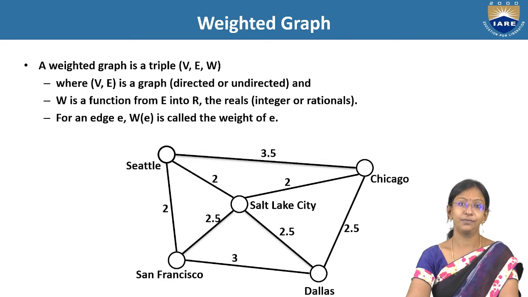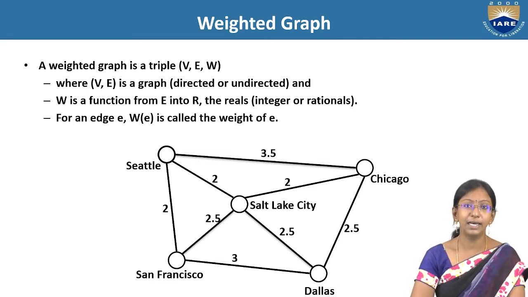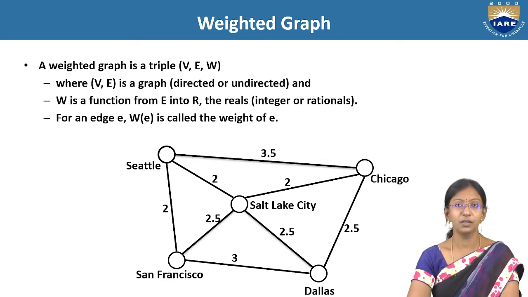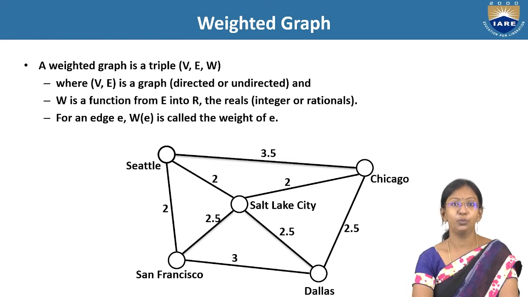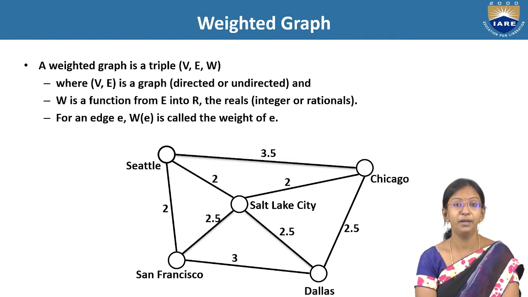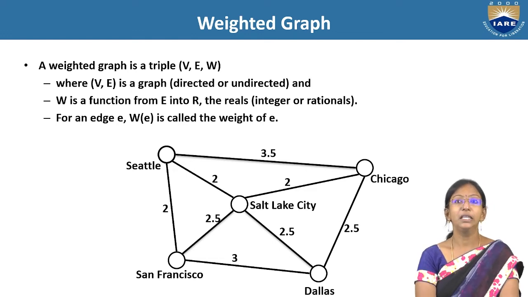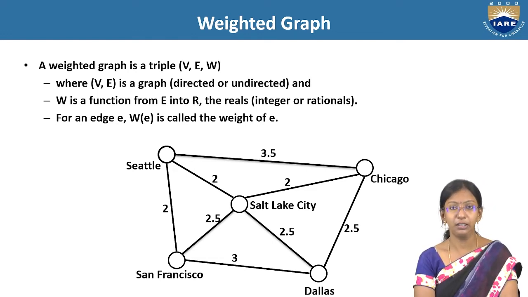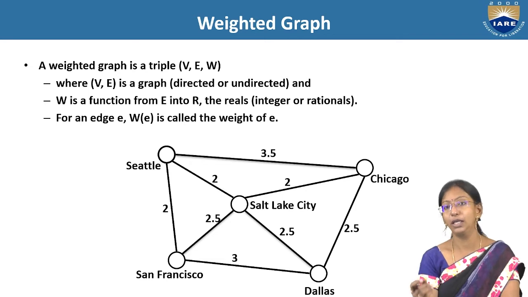So weighted graphs. This is also a category of graphs. A graph in which the edges bear a weight on it is nothing but a weighted graph. This weight can be of any unit.